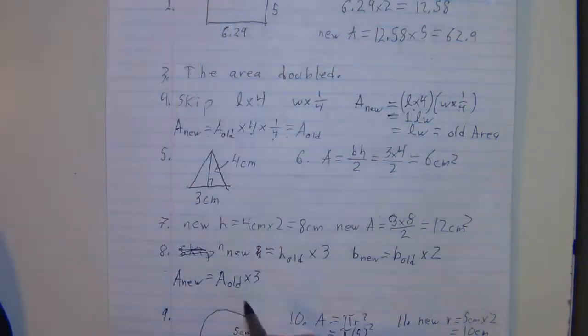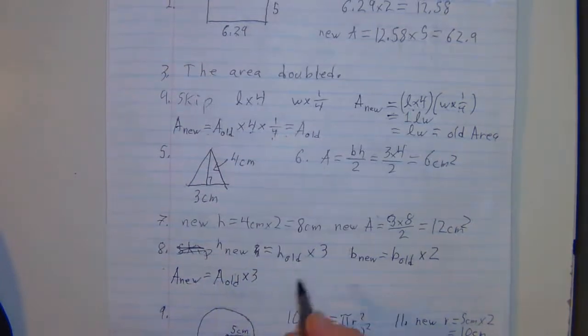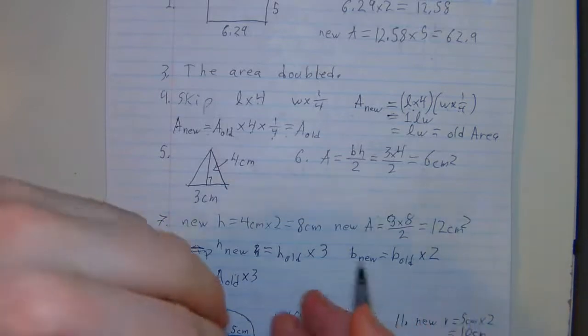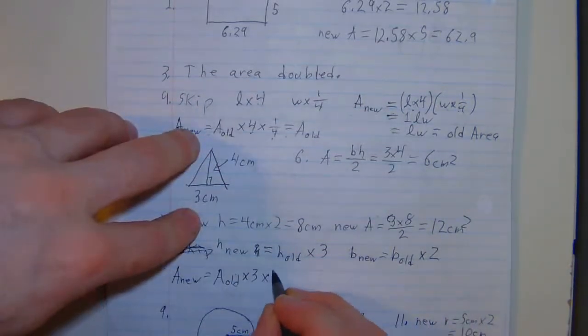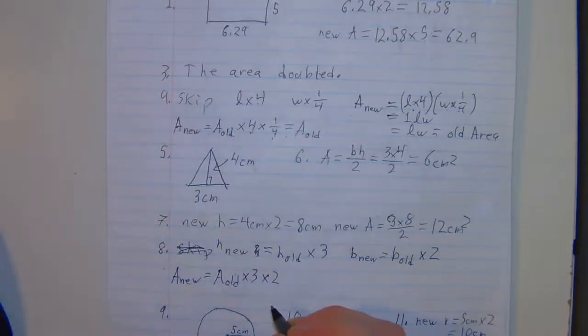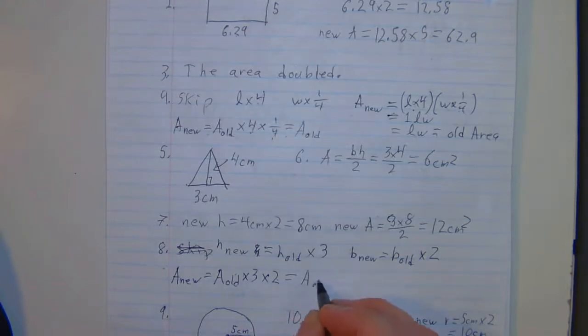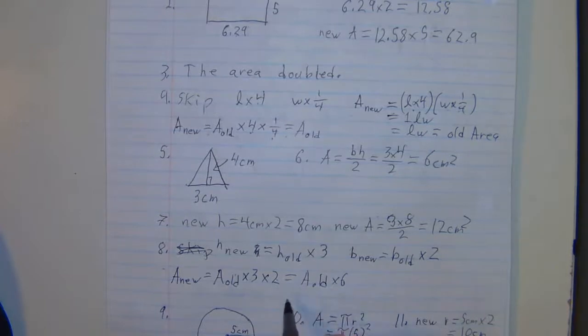And so it's going to have just a regular straight up effect on the area. And then the base is going to get multiplied by 2. And that is also going to double the area. So 3 times 2 is 6. So we can take the old area times 6. And that's what we would expect.